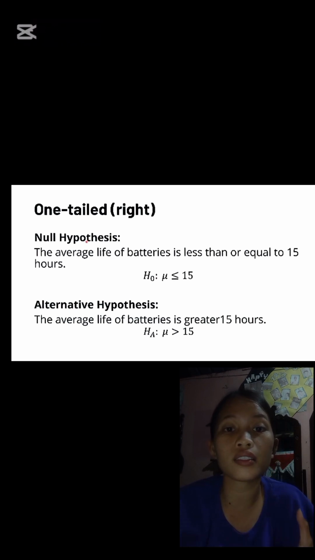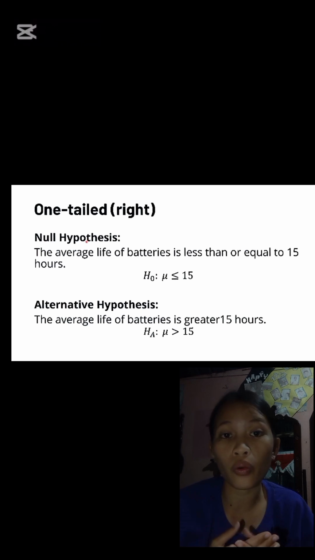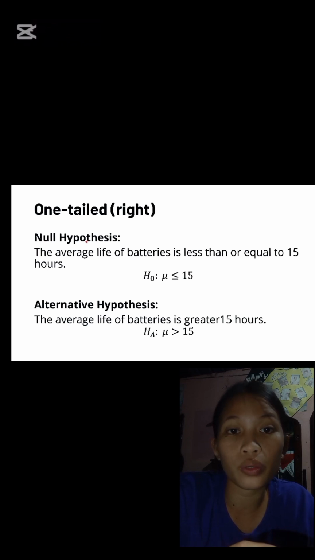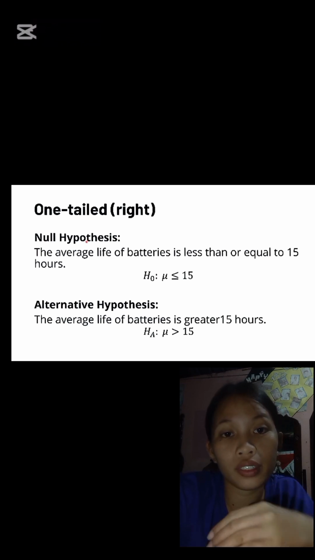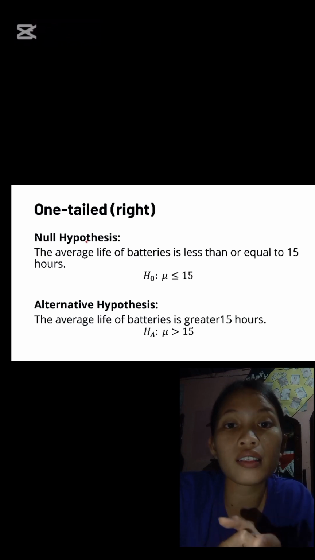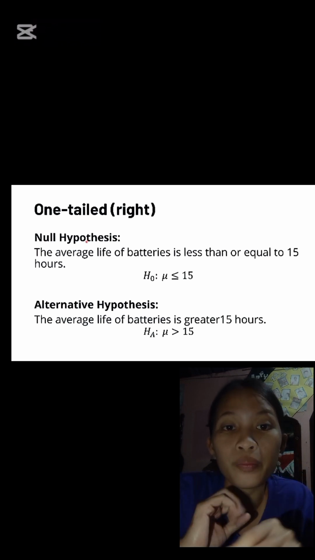So, the symbol is H sub O mu is less than or equal to 15. For the alternative hypothesis, because it is a one-tailed test on the right, we use the symbol greater than, or words that are associated with greater than. So, the average life of battery is greater than 15 hours. The symbol is H sub A mu is greater than 15.